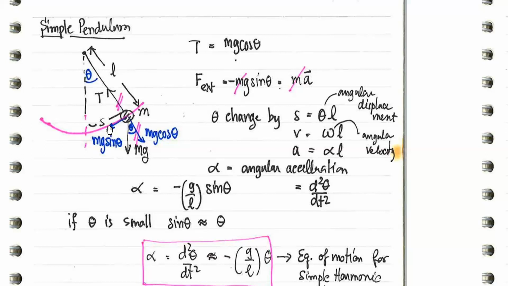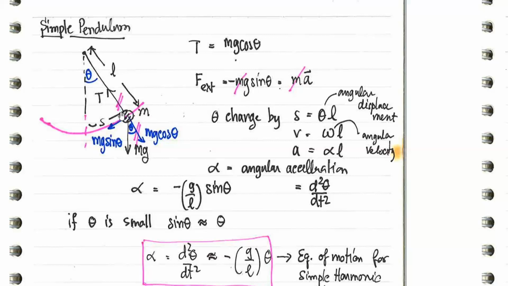Now the force is mg sine theta and equal to ma, so I cancel the m out. So we have, according to Newton's law, the acceleration is minus g sine theta.